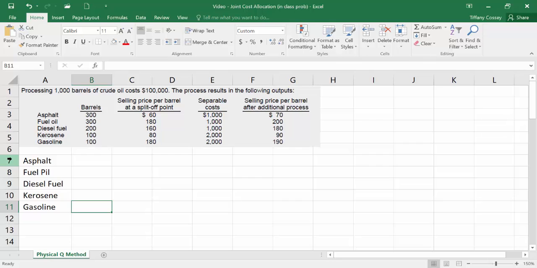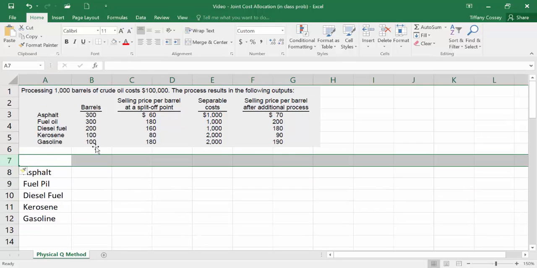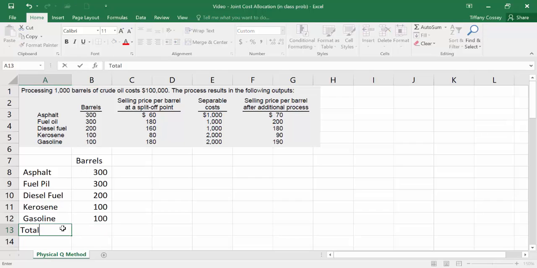And because this is the physical quantity method, I'm going to also make a list of the physical quantity that we used for each product line. Then I want to figure out how many barrels we used in total, so we're going to add all of those together. And we have 1,000.